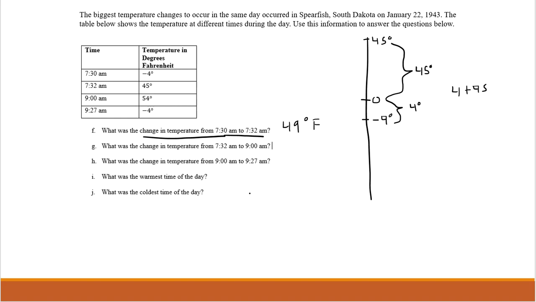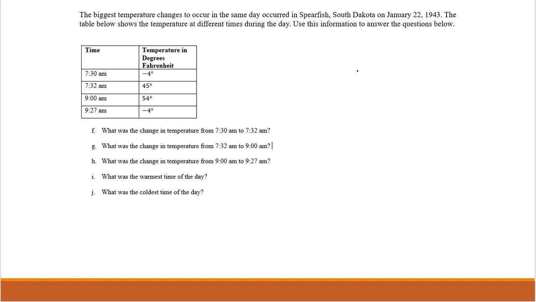Okay, for the next one, what is the change in temperature from 7:32 to 9 a.m.? Okay, so I'm going to draw another makeshift thermometer here. Okay, so at 7:32, the temperature was 45 degrees Fahrenheit. And at 9 a.m., the temperature was 54 degrees Fahrenheit.